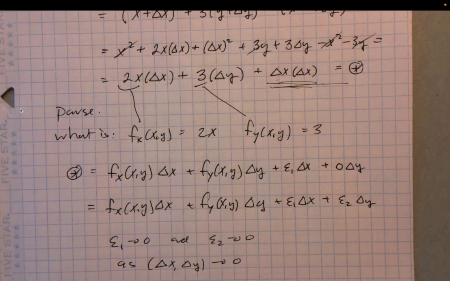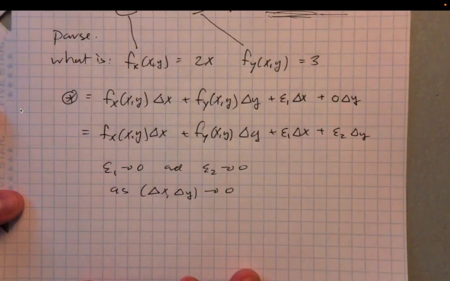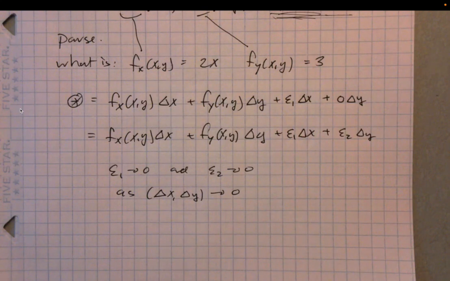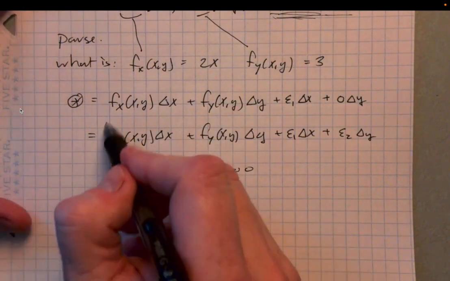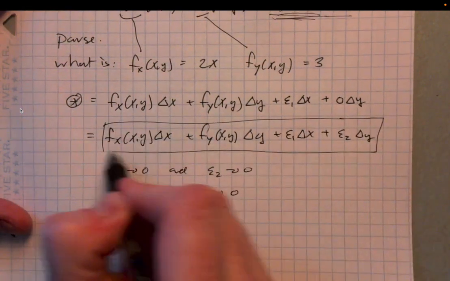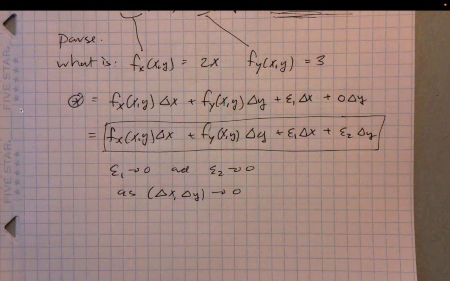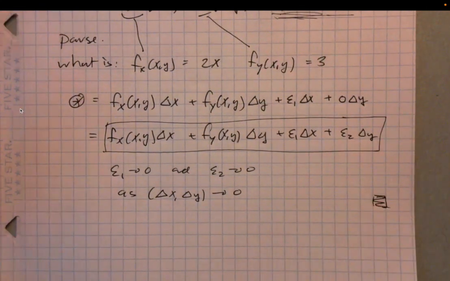Okay, and so that means this function is differentiable. Okay, it's differentiable, right? And specifically because it has this form. This is the form of the differential for a function. This is the form of delta z that delta z needs to take. Okay, so that's how you would do that.